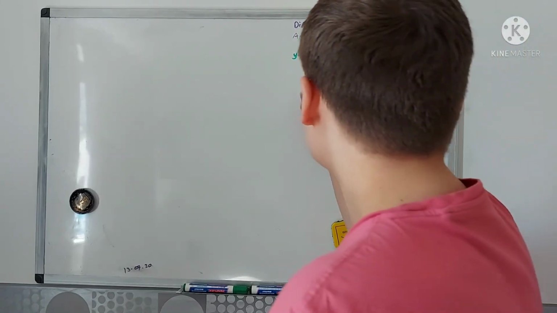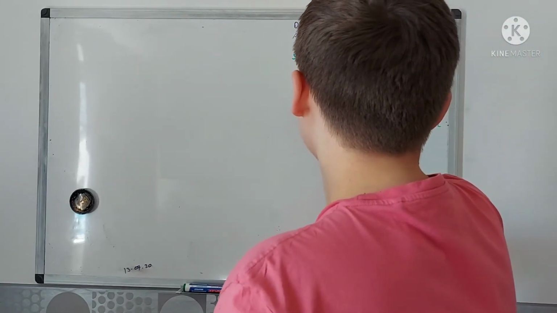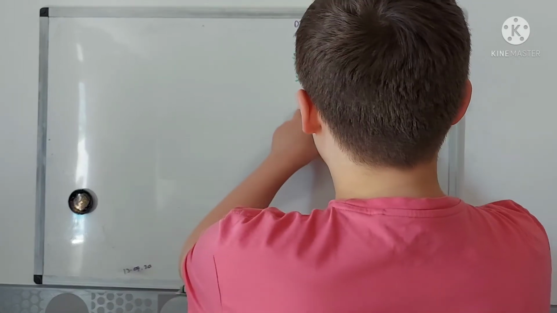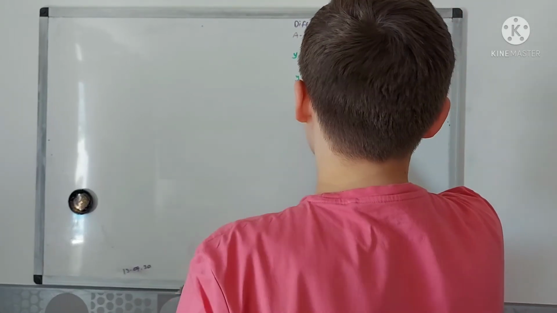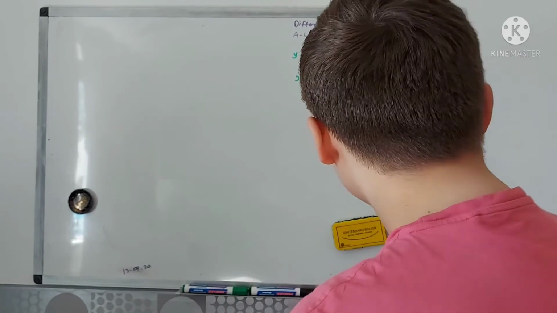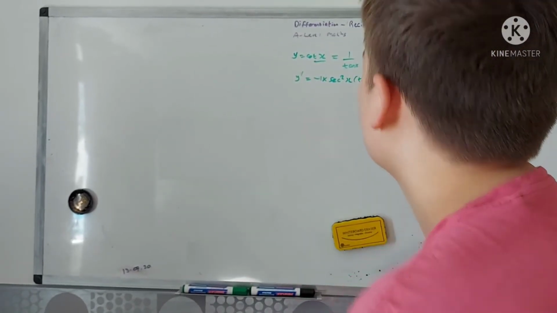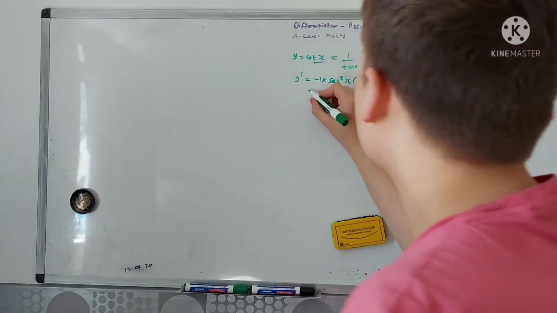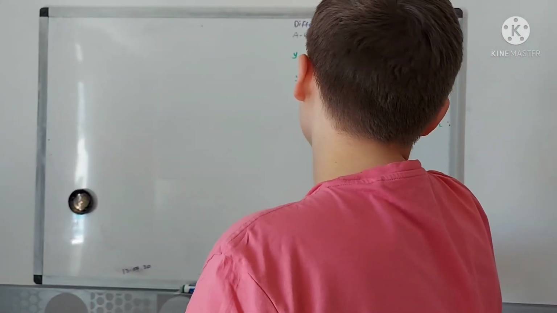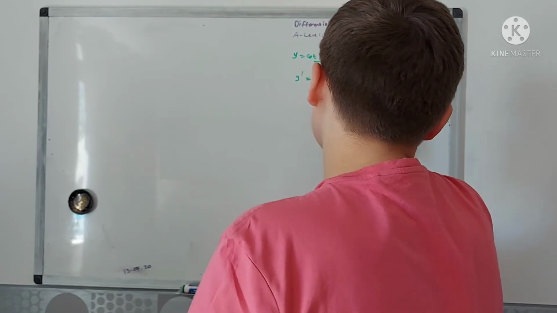So I could have said y prime is the minus 1 times sec squared x, lots of tan x to the minus 2, using the chain rule.